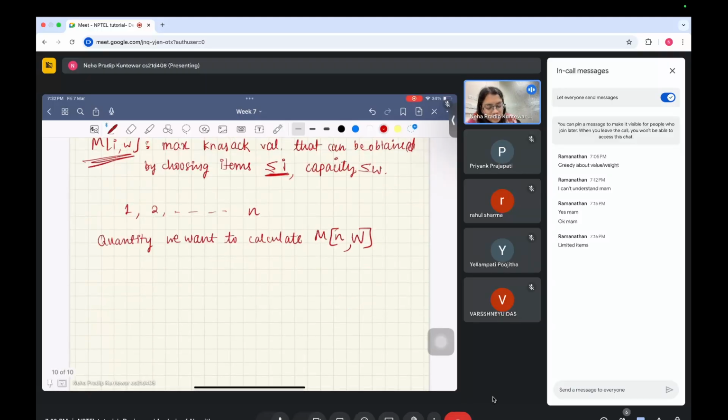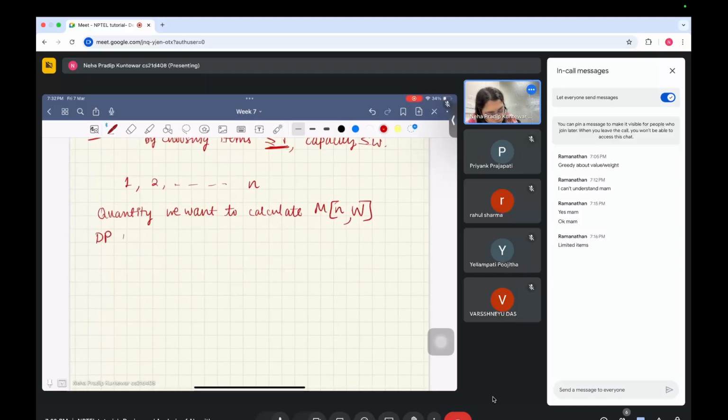Now how will I do that using my DP approach? So the DP approach says that m of i comma w is the maximum of either I take the ith item or I don't take the ith item. It's possible that taking the ith item gives me the maximum. So these are all the items you have.